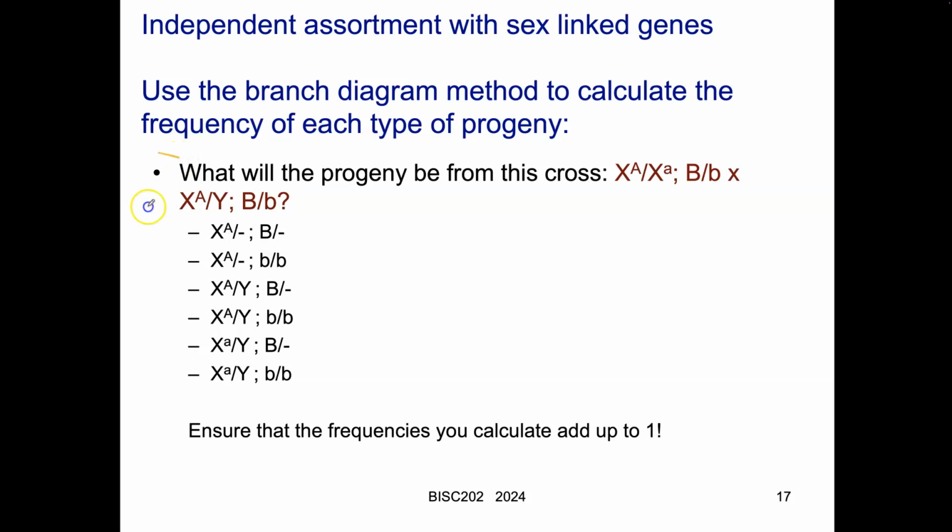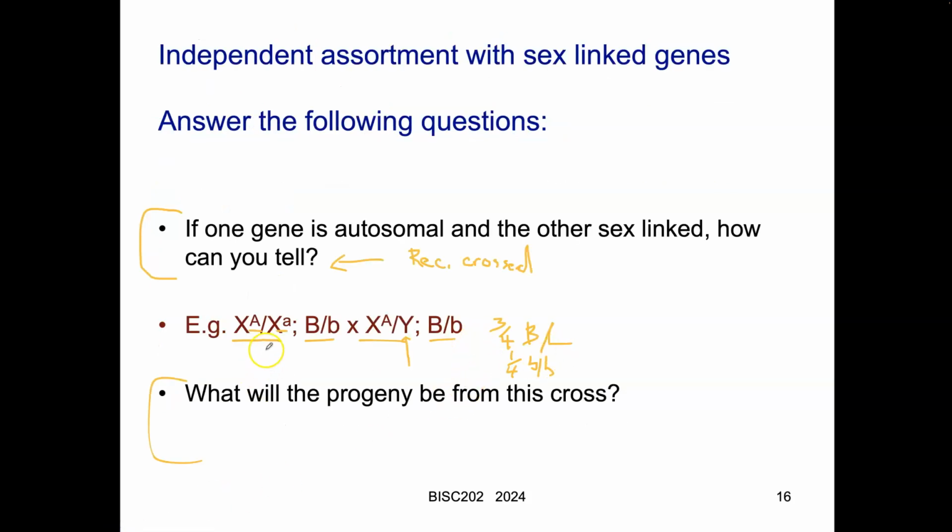If you did it, hopefully you did, these are the progeny that you would get. Notice some differences. For example, even from this cross, you can tell that one of the traits is sex-linked. Be sure you know why. And then you should go through and do those calculations and figure out what the probability is of each of these using some of the information here.